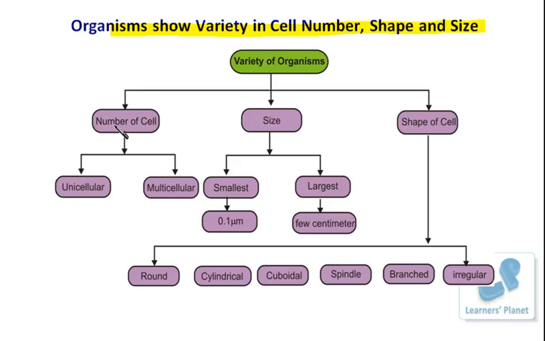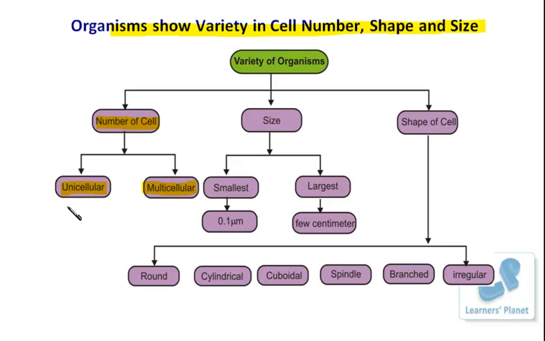So if it is on the basis of number of cells, it basically means that the organisms are made up of cells, and the number of cells can be either single or more than one. If the organism is made up of a single cell, then it is known as the unicellular organism, and if it is made up of more than one cell, then it is known as the multicellular organism, right?